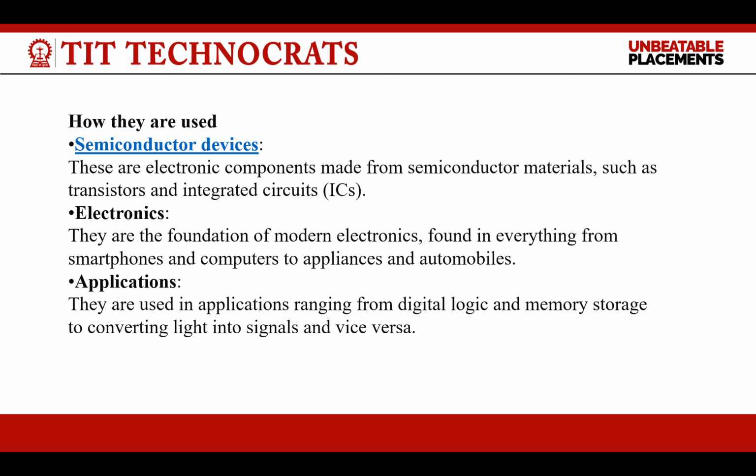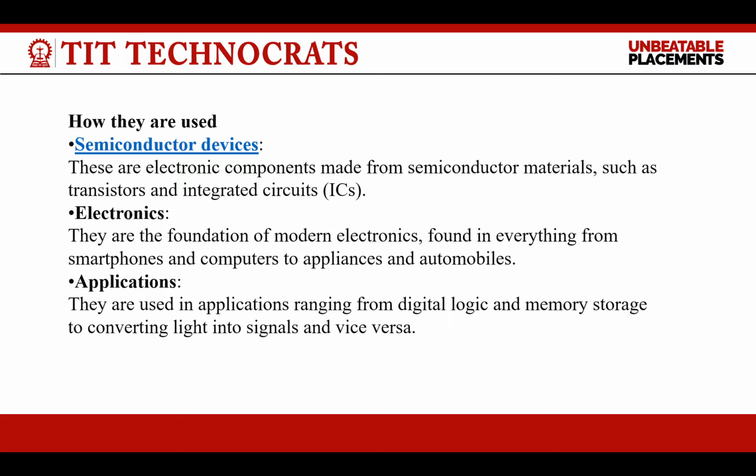Now, how the semiconductors are used. These are electronic components made with semiconductor materials such as transistors and ICs. They are the foundation of modern electronics, found in everything from smartphones and computers to appliances and automobiles.